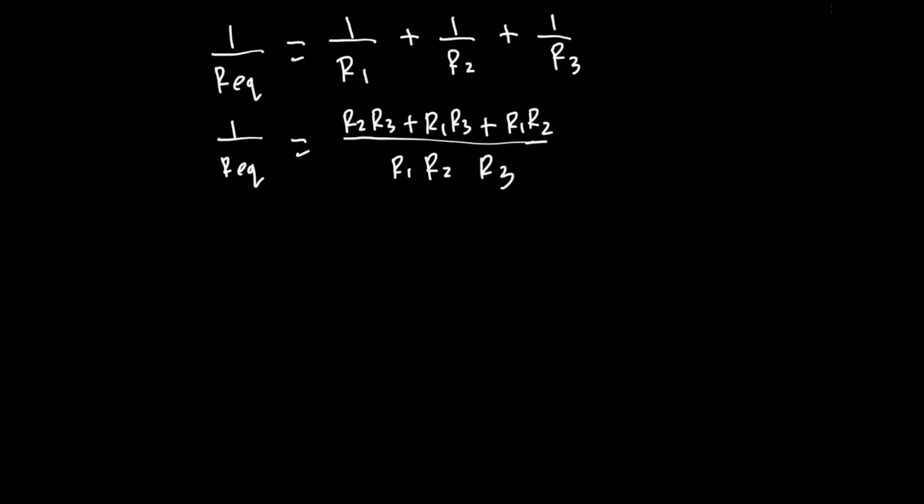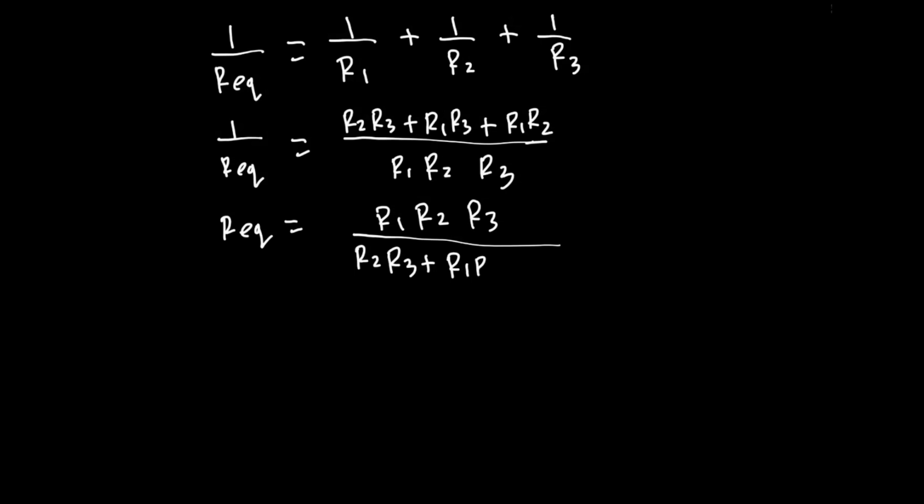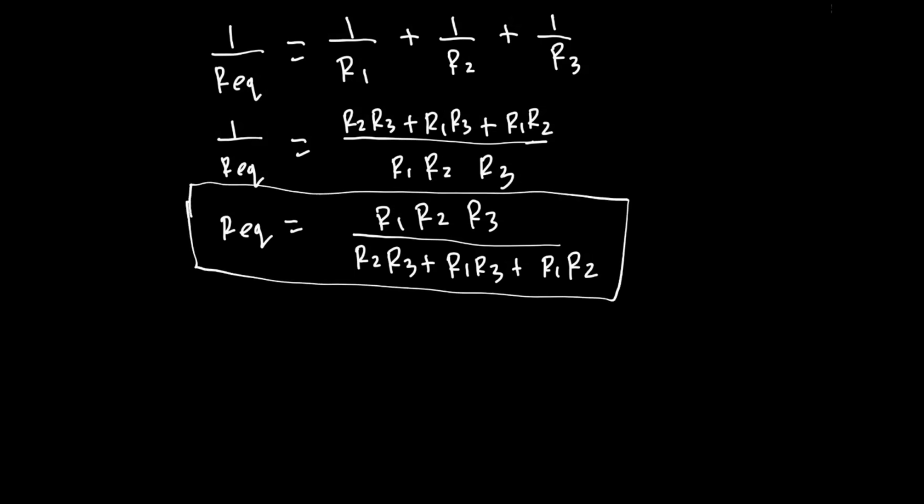And now to make R equivalent the subject, it becomes R equivalent is equal to R1 R2 R3 over R2 R3 plus R1 R3 plus R1 R2. And here we go, that's the formula for R equivalent for 3 resistors.